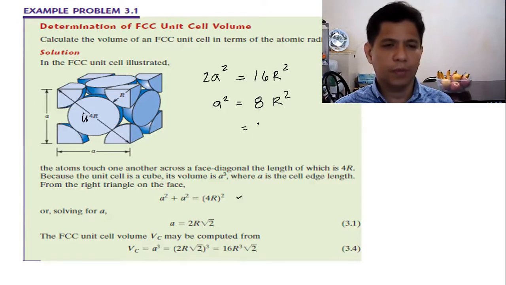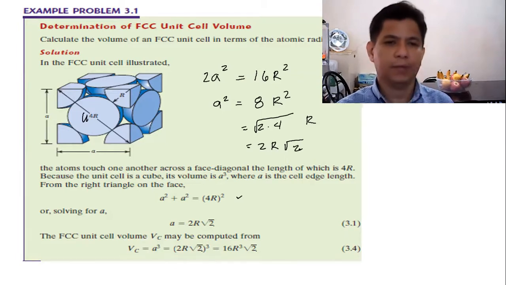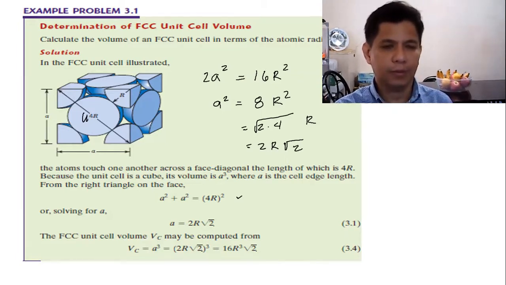So that's why you will have 2 square root of 2. Then you have the square root of 4, which is 2, and then you have an R. That's the square root nito. So that's why you have 2R square root of 2. It's quite easy. No? I hope you can follow the derivation.